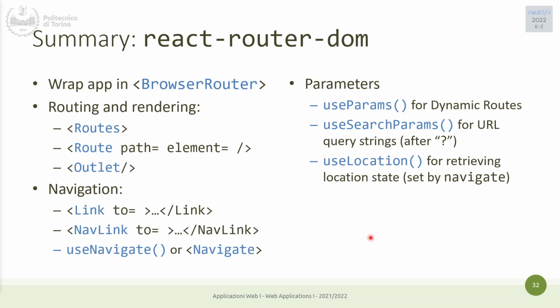For passing and retrieving parameters, we can use these three methods: useParams for dynamic routes, which gives you the possibility of taking something from the URL, useSearchParams, which allows you to get something from the query string, and useLocation, which is used for retrieving location.state, which is a more complex object.